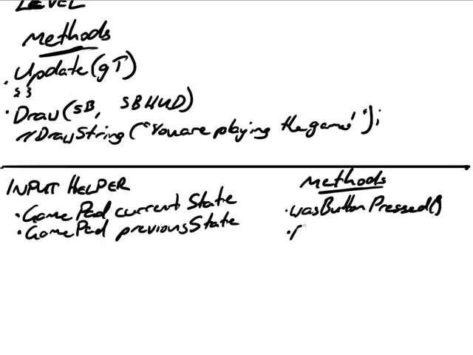Button held, so we can tell if a button's been pressed and held down. And I believe that's all we're going to need for the input helper there. Yep, pretty much. And that'll get us our input helper, so we're going to have some gamepad states to be able to update there and check and pull some states off. And that, in the end, should be everything else we need.